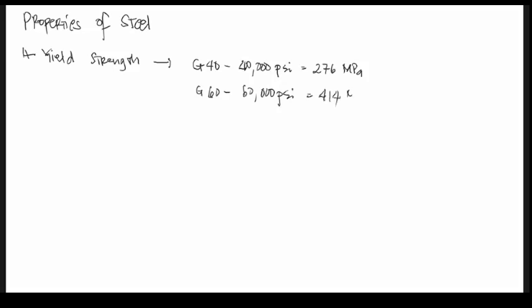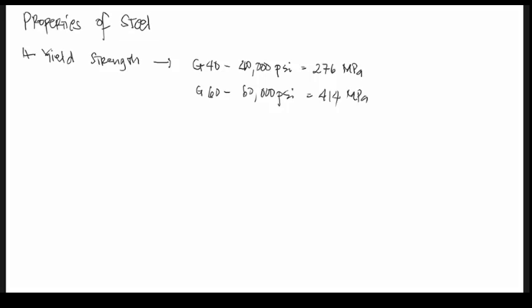So, say, for example, pag-yield 40, which means that is 40,000 PSI or equal to almost 276 MPa na yield strength. Meron din tayong grade 60 which is 60,000 PSI. That is equivalent to our almost 414 MPa.